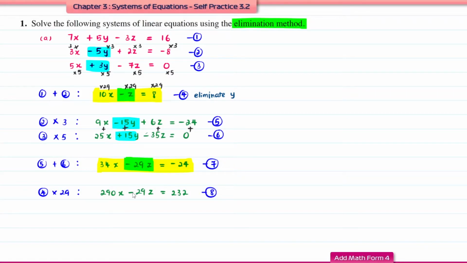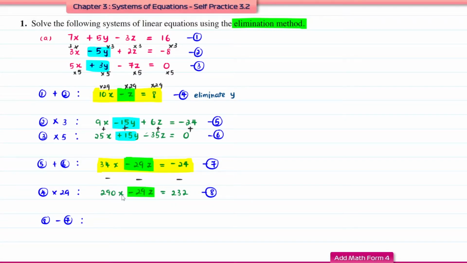Now look at the variable z here. To eliminate it, we're going to subtract these two equations. Minus minus here will become a plus, right? So negative 29z plus 29z is equal to 0. For the other terms, we're going to subtract as well. I'm going to use equation number 8 minus equation number 7, as the value in equation number 8 is bigger.